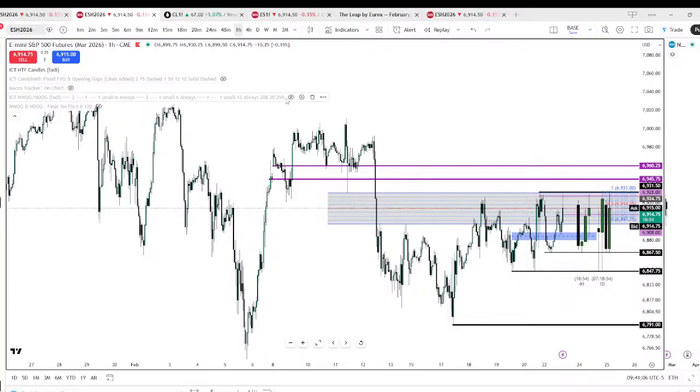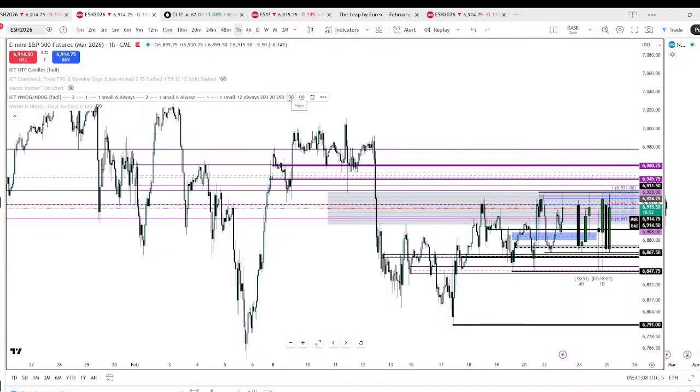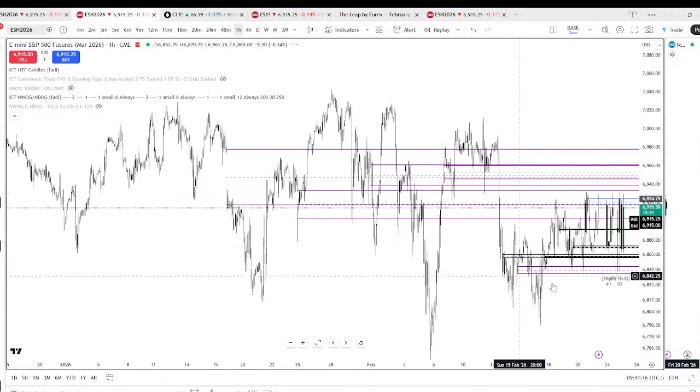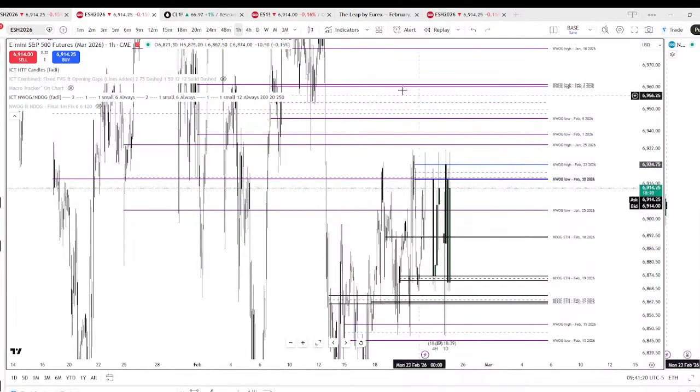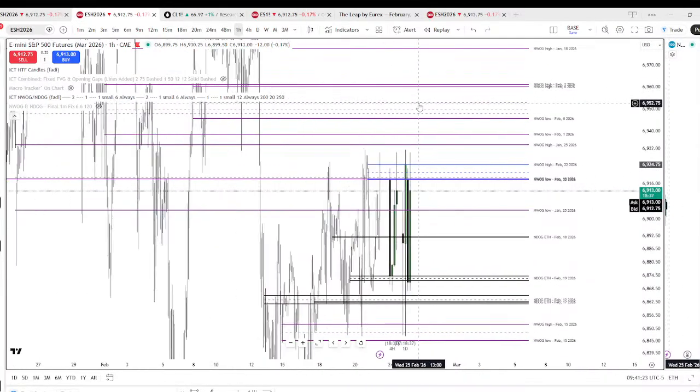Let's look at these, which are kind of like those weekly opening gaps and dailies. So obviously we had these ones drawn out up here.